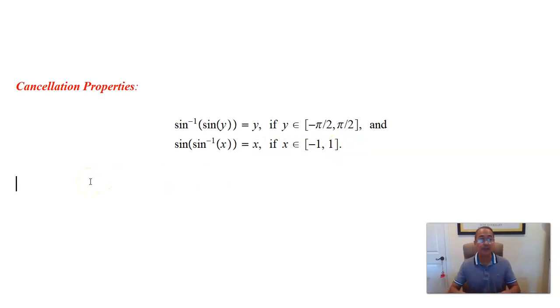So for example, if we had inverse sine of the sine of π/6: sine of π/6 is 1/2, and we saw that inverse sine of 1/2 is π/6. So this should take us back to π/6.